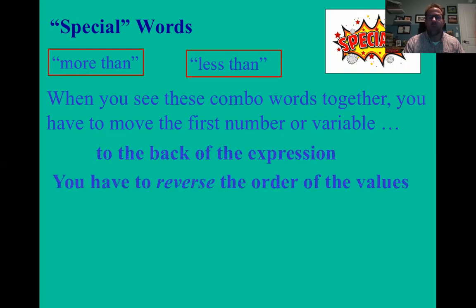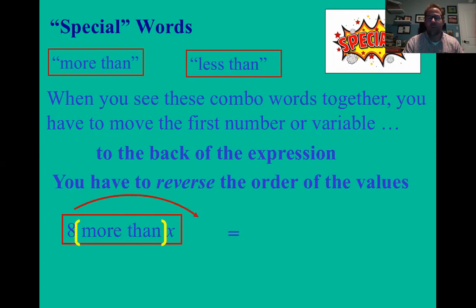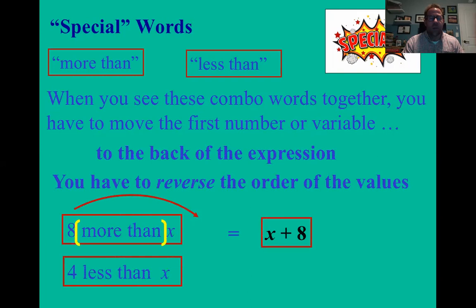I gave you a couple of examples. 8 more than x: there's that special combo, so we take the 8 and move it behind the x. We reverse the order, so it's x plus 8. And 4 less than x: there's that special combo, less than. We take that 4 and move it to the back, and that would be x minus 4.